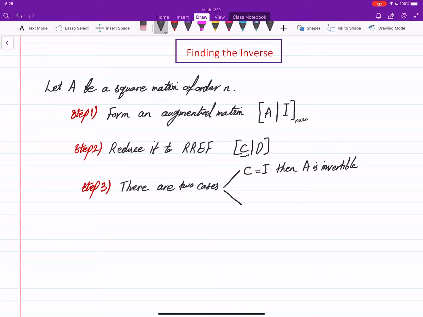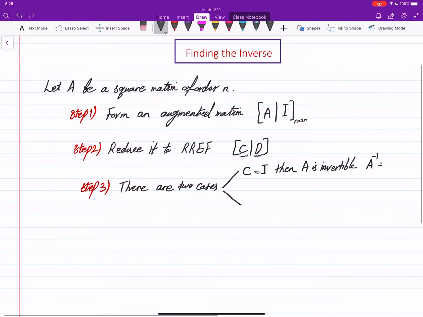And what you know here is that then A inverse also is there. What you have on the right hand side is D. So in other words, for the invertible matrices, you start with [A | I], you row reduce it, it will turn to [I | A inverse]. That's what it means.